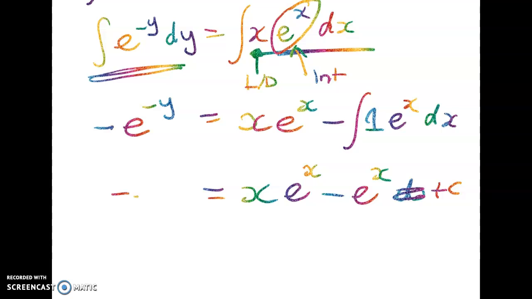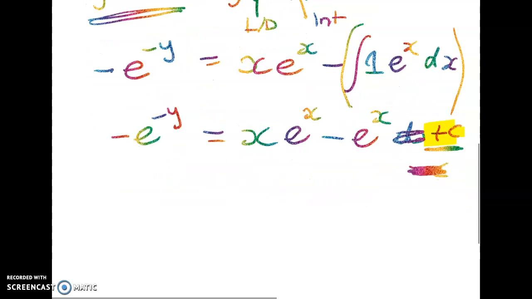What have I got now? And over here we've got negative e to the negative y. Now look, just notice that here I've written this as plus c because, as usual, this is an arbitrary constant. I could have written it as minus c, but it just doesn't matter. So we'll just shove it in there as plus c. Now is probably as good a time as any to use the initial condition that we've got.